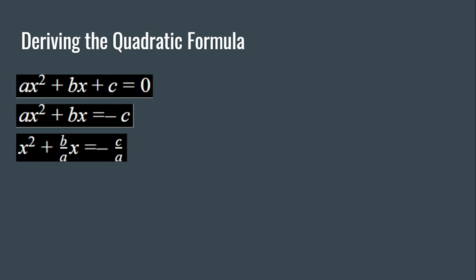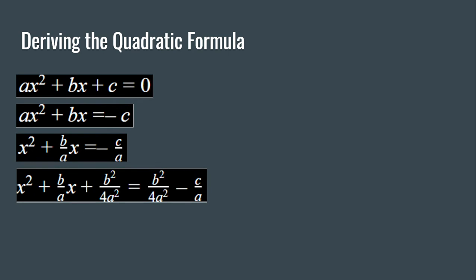So in order to complete the square, we're going to take the b over a, divide it by 2 and then square it. And we're going to add that to both sides of the equation. After you divide b over a by 2, you should get b over 2a, and if you square it, we get b squared over 4a squared, which is what we'll add to both sides.